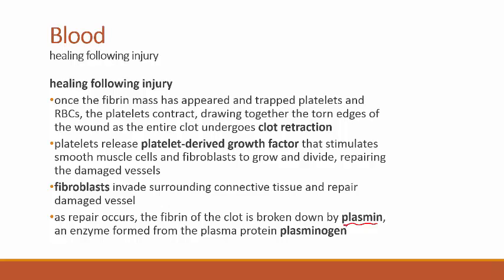So we get down to the production of a lot of factor 5, which causes the platelets to produce and then release that prothrombin activator, which then converts prothrombin into thrombin.